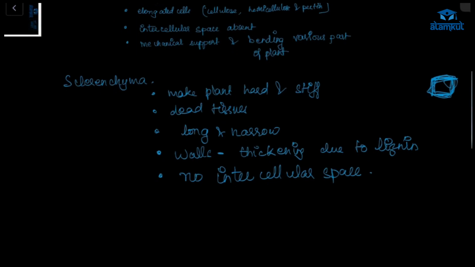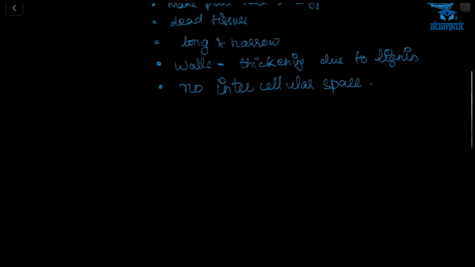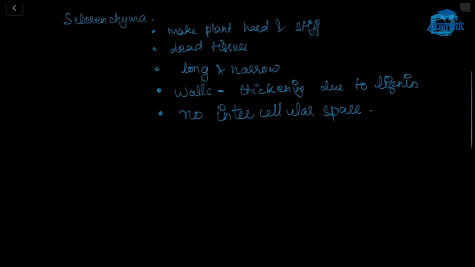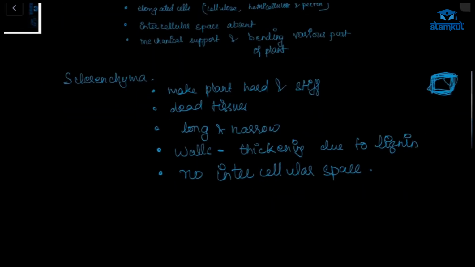Collenchyma provides mechanical support to a plant, whereas sclerenchyma don't. No, sclerenchyma also provide mechanical support.